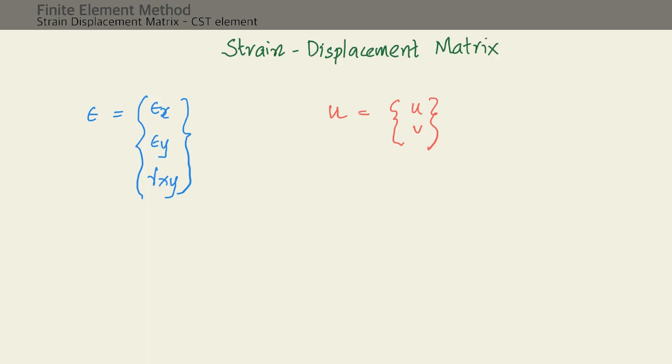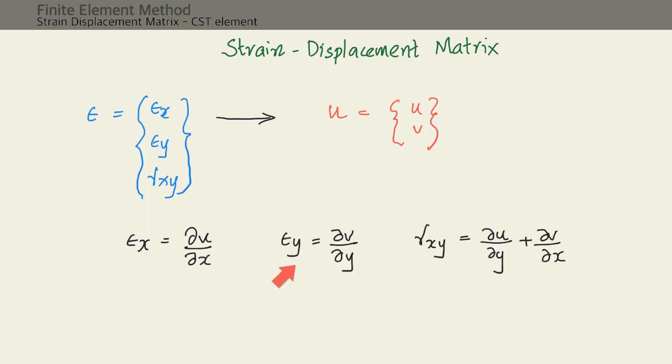The strain displacement matrix relates the strains epsilon with the displacements u. We also know that epsilon x is equal to dou u by dou x, and epsilon y is equal to dou v by dou y, and gamma xy is equal to dou u by dou y plus dou v by dou x.